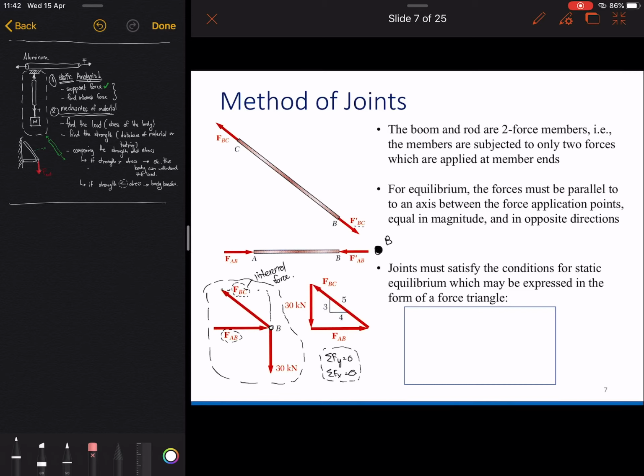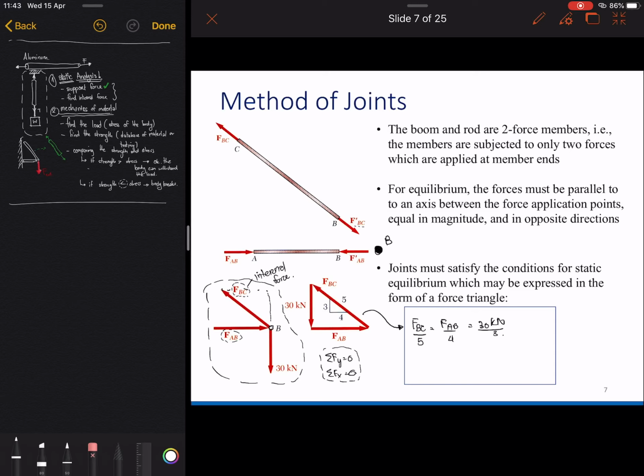But in this case, I will use the sine rule, sine laws, just to solve this one. So if you remember, here we can use FBC over 5 equal to FAB over 4 equal to 30 kilonewton over 3.